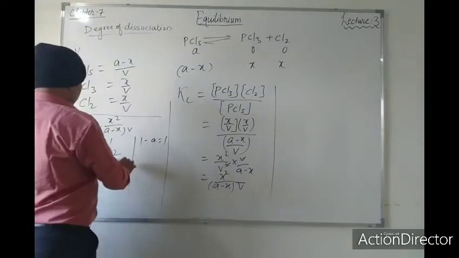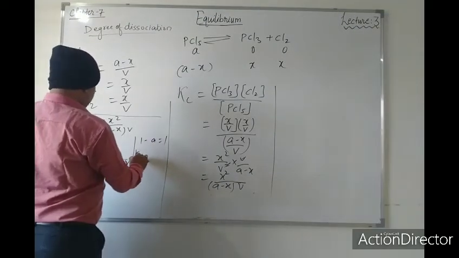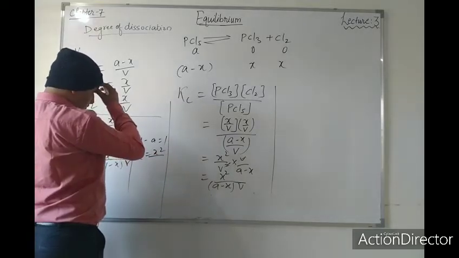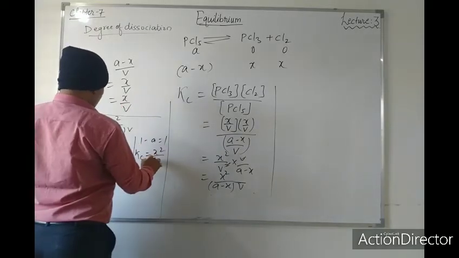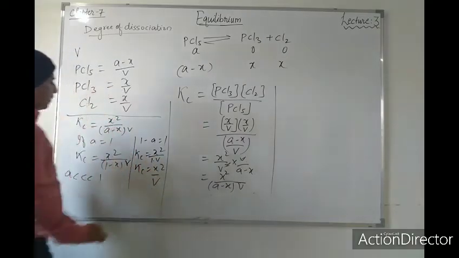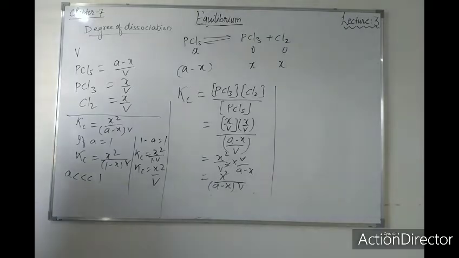Kc is equal to x square upon 1 into V, or Kc is equal to x square upon V. So this will be the equilibrium constant value, right? So you can say here that the degree of dissociation is directly proportional to the square root of volume.